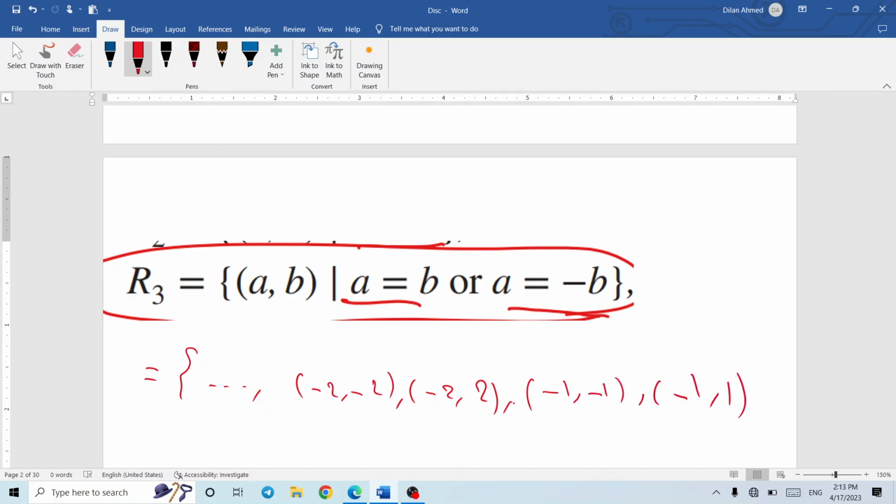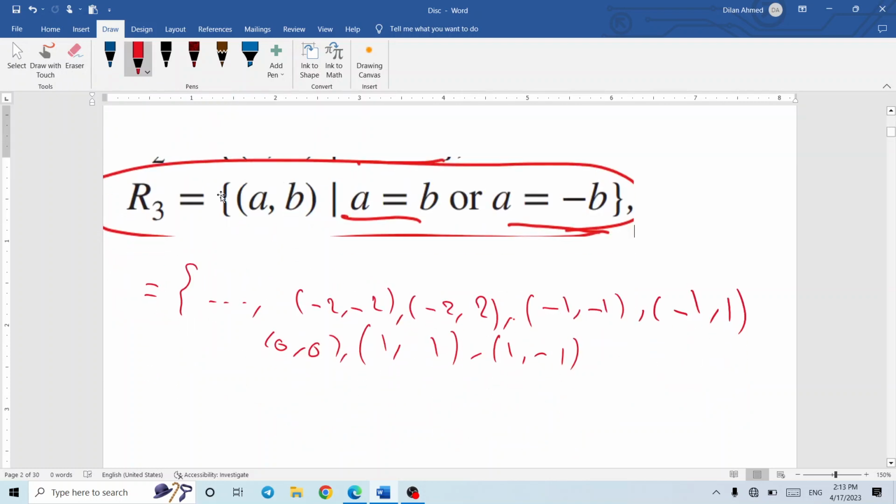How about 0? How about 1? 1 and 1, 1 and minus 1. How about 2? 2 and 2, 2 and minus 2, minus 2 and 2.